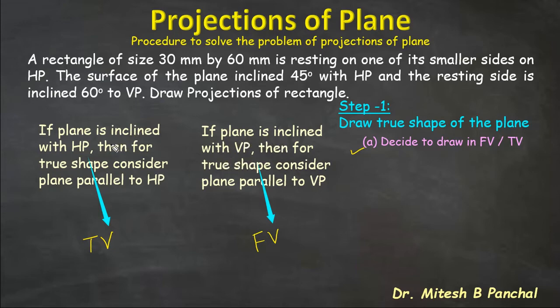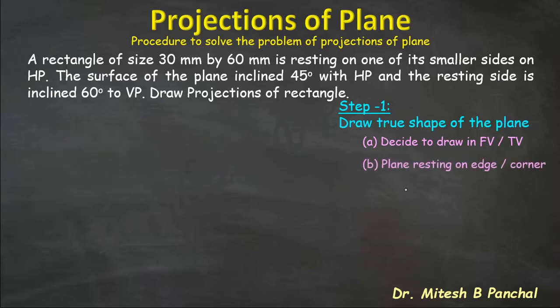If in the problem the surface inclination is given with respect to HP, then we have to draw the true shape in the top view. And if in the data the surface inclination is given with VP, then we have to consider the true shape in the front view. Now the second point for the first step is regarding the orientation of the true shape.